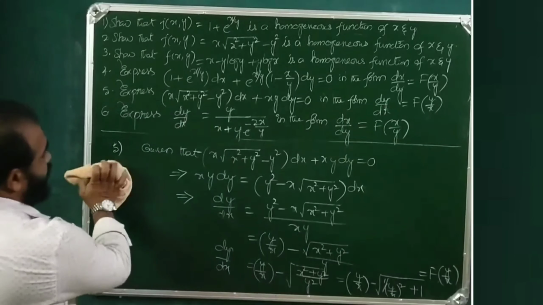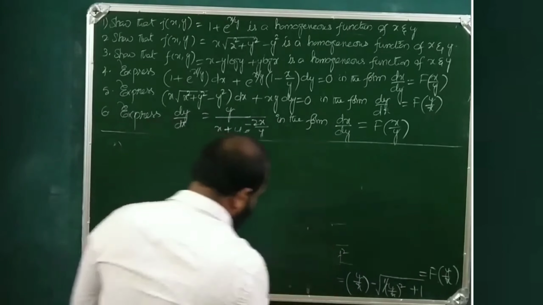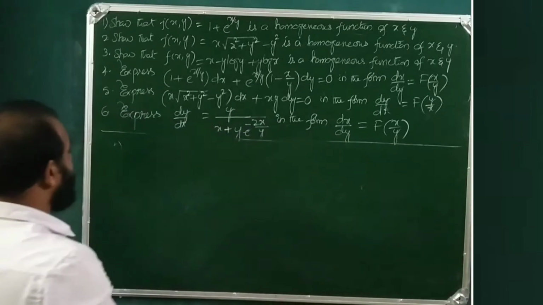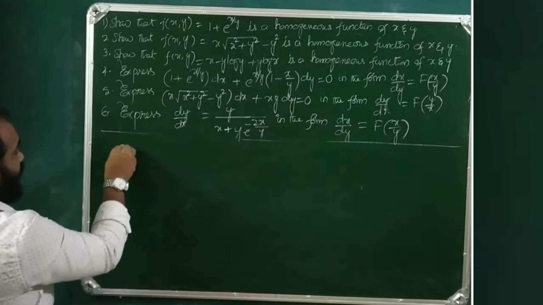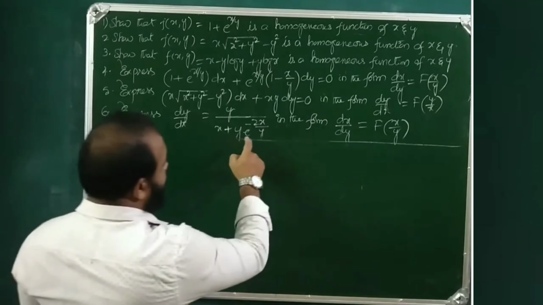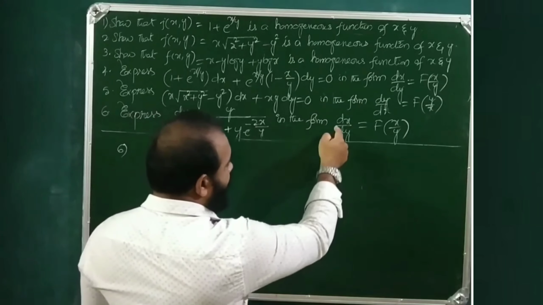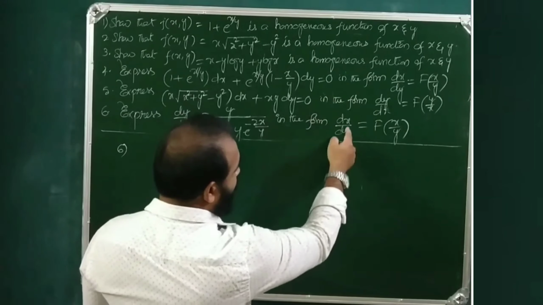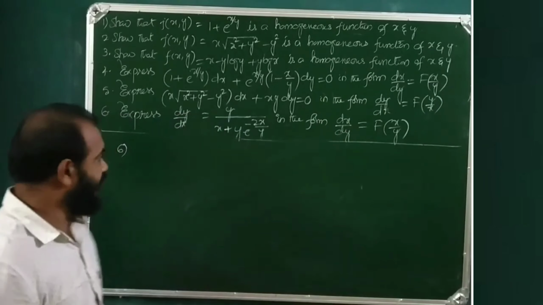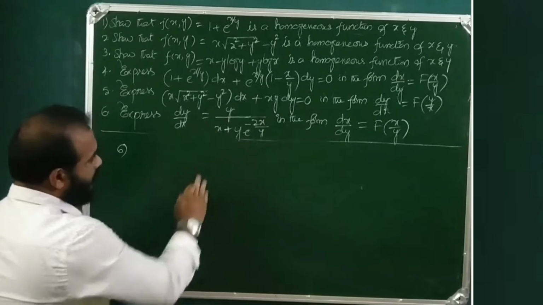Now the sixth question. Let us see the sixth question. Dy by dx is equal to this, and he asked us to show dx by dy equals to f of x by y. So let us see this. Dy by dx equals to this.